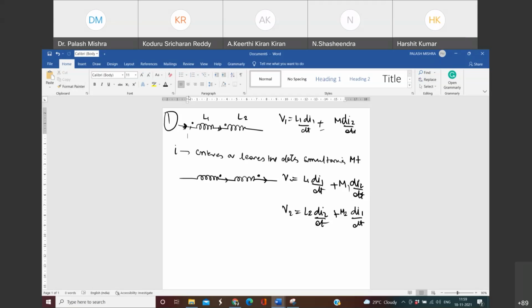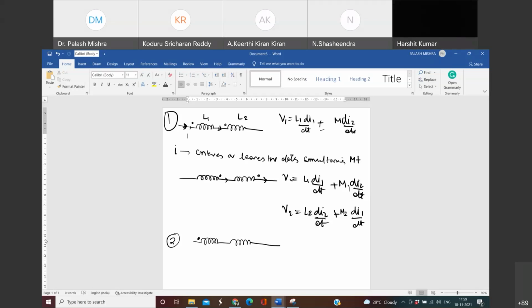If it happens that current enters one dot and exits the other dot, then the effect of mutual inductance will be negative. Like suppose something like this: one dot is placed here and one dot is placed here, and the current is entering from this side.